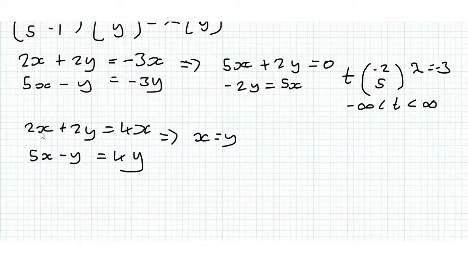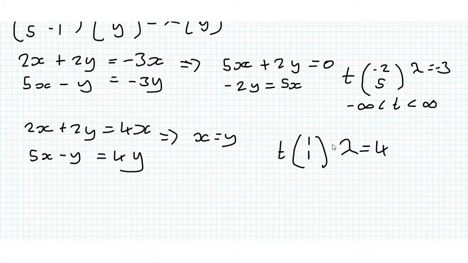Because here if you subtract 2x, you get 2y is equal to 2x, well that's it, y is equal to x, and here adding y to both sides you get 5x equal to 5y, it's just x equals y. So again, these equations are scalar multiples of each other. So now x equals y, well what satisfies that? (1, 1). So our eigenvector is again t times (1, 1), and that's the set of eigenvectors that correspond to the eigenvalue lambda is equal to 4.